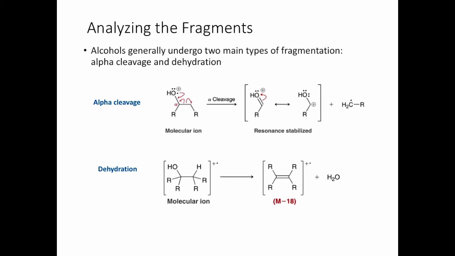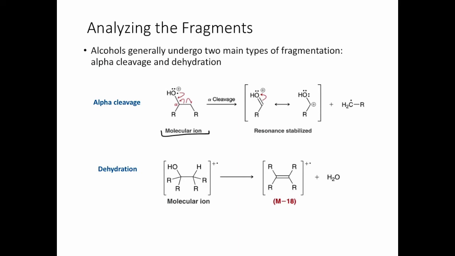So if we look at a typical alcohol, this would be the molecular ion. If you have a compound that has a lone pair, the electron that is ejected in the ionization step will come from one of the lone pairs. Also, if you have a molecule with a pi bond, the electron that's ejected will be removed from the pi bond.